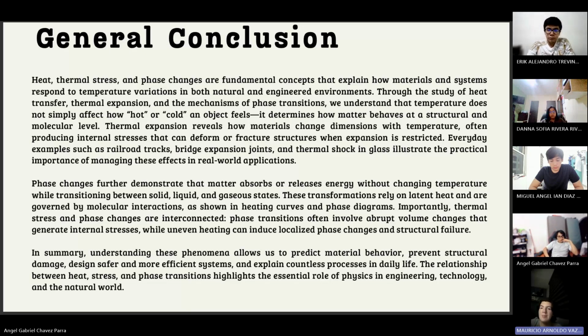The relationship between heat, stress and phase transitions plays an essential role in engineering, technology and the natural world.